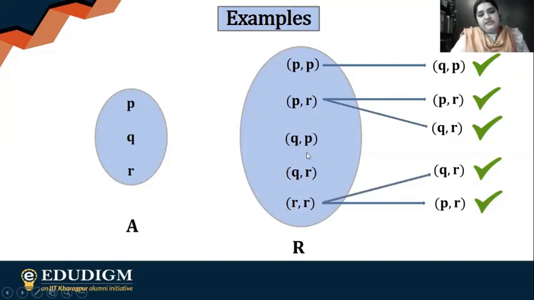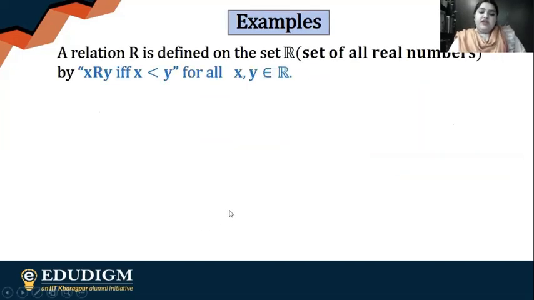So I hope you understand, for a roster form, what the basic necessity is for checking the elements of the form (A, B), (B, C). You have to check whether (A, C) is there or not. Now, whenever it comes to the set builder form, it's very important to understand the generic procedure.